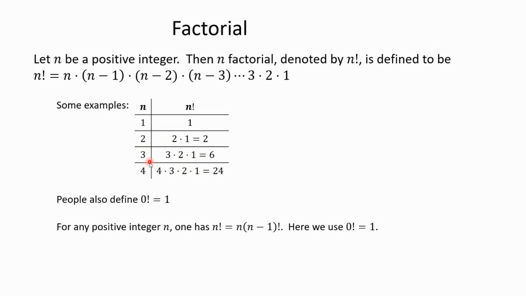You're taking all the positive integers from 1 up to and including n, and multiplying them. For 4, you have 4 times 3 times 2 times 1, which is 24.